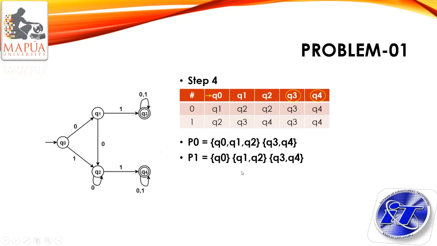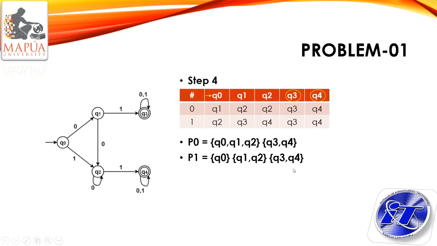Now, since we separated Q0 from Q1 and Q2, there's a possibility that Q1 and Q2 are not equal anymore. So let's check to get P2. Q1 goes to the second group on 0 and the third group on 1. Q2 also goes to the second group and the third group.